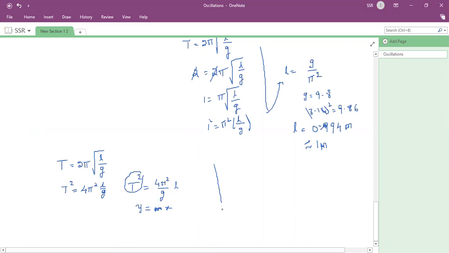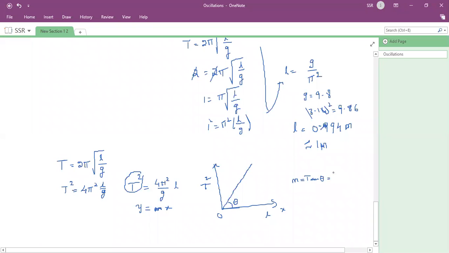Then for the graph, you can take along the X axis the length of the pendulum, along the Y axis T squared. That is a straight line. This is the T squared versus L graph, a straight line with slope M equal to tan theta.